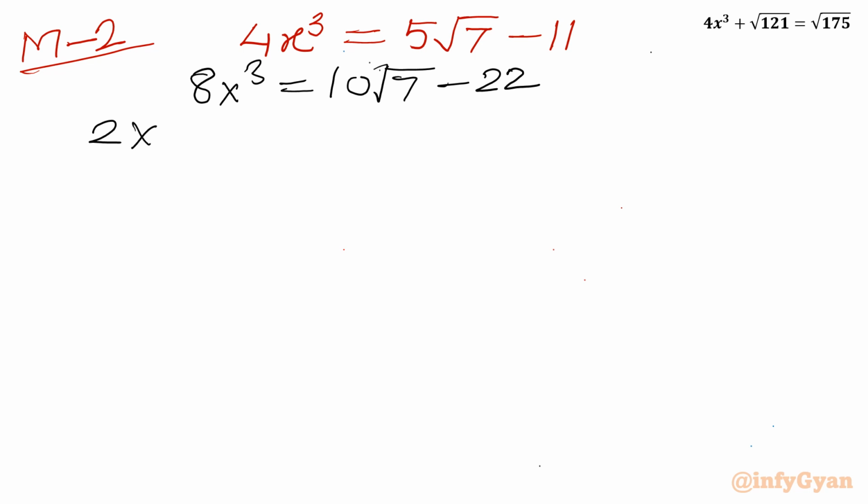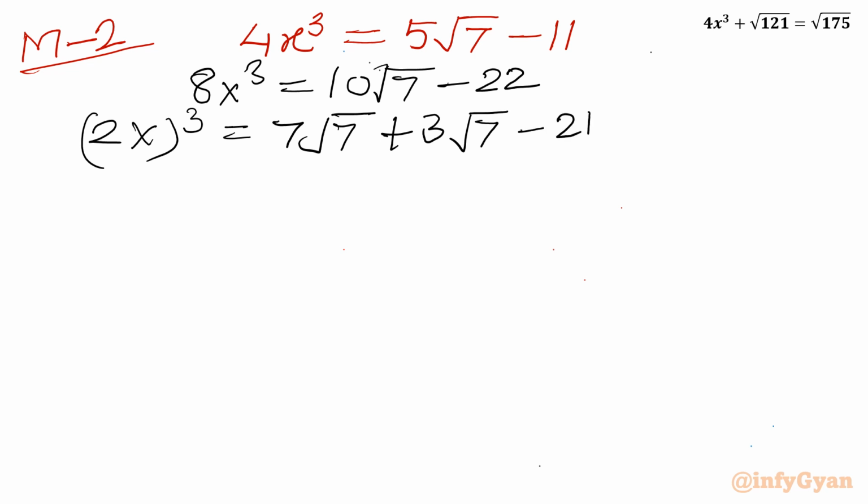LHS will be 2x whole cube. RHS is, I will split 10 as 7 plus 3. So 7 root 7 plus 3 root 7, and minus 22 will be minus 21 minus 1. Let's rearrange the numbers: 7 root 7 minus 1 minus 21 plus 3 root 7.